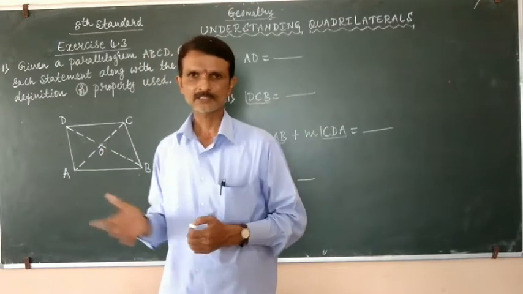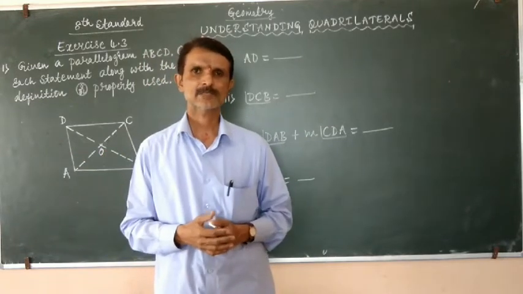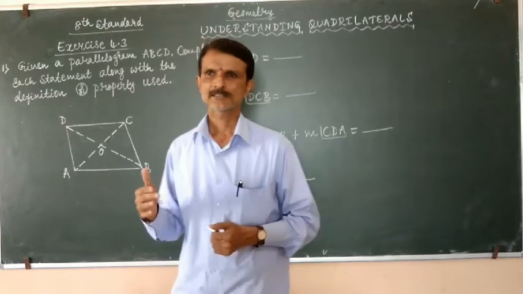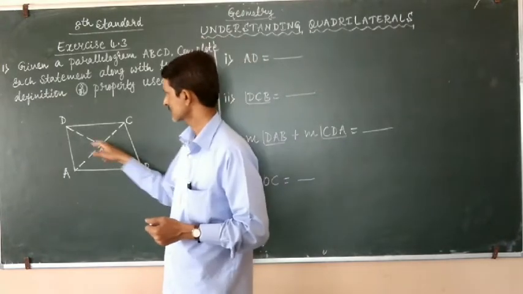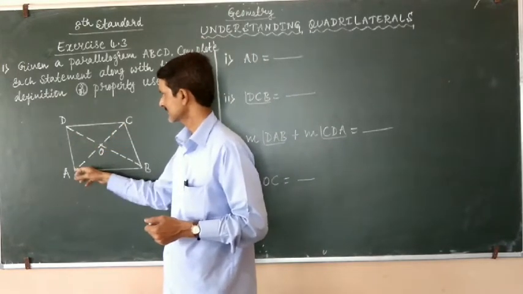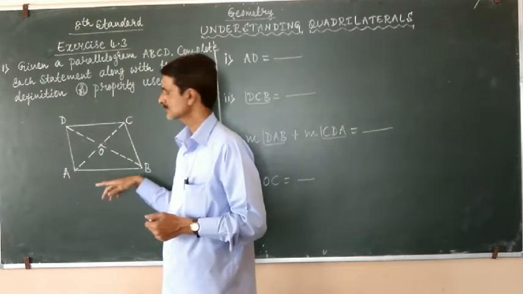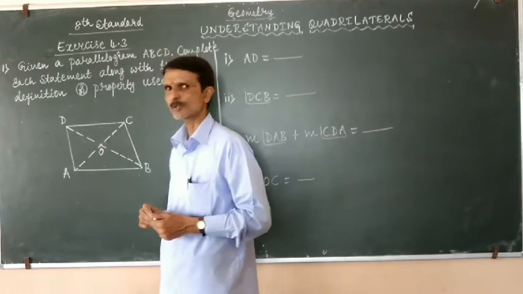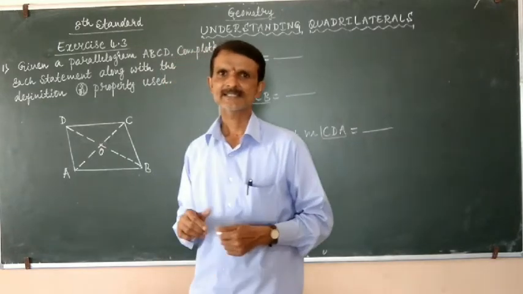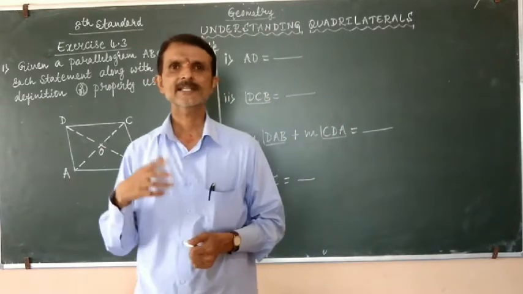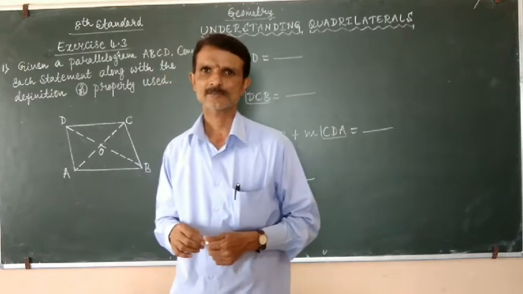Another property of the parallelogram is that it has two diagonals, and at point O they intersect or bisect each other.